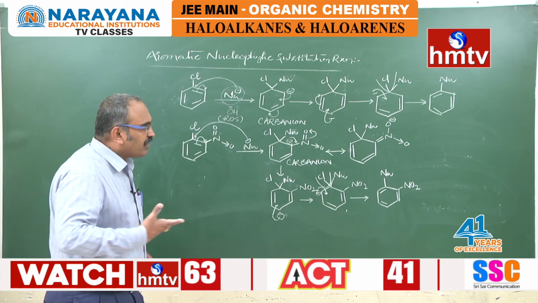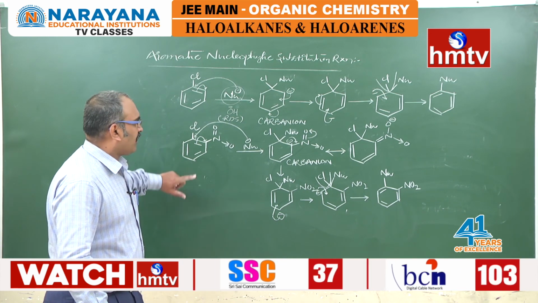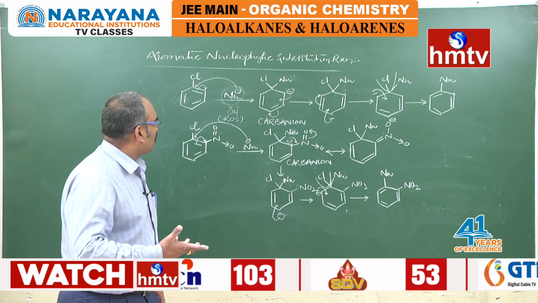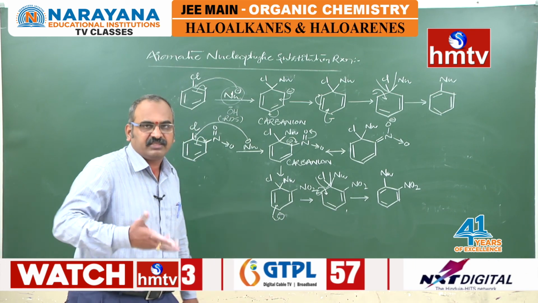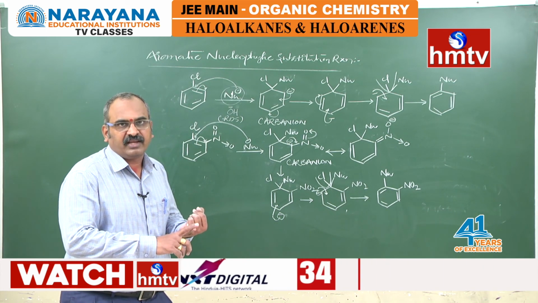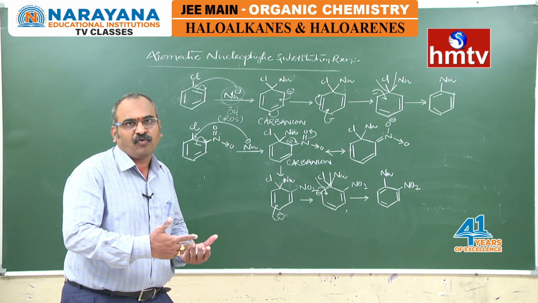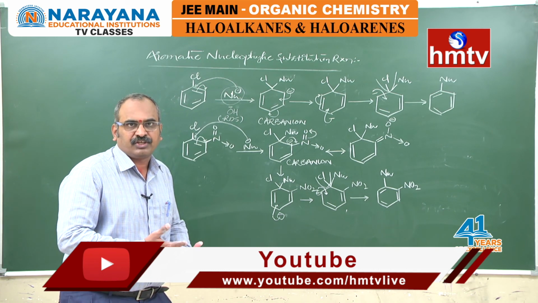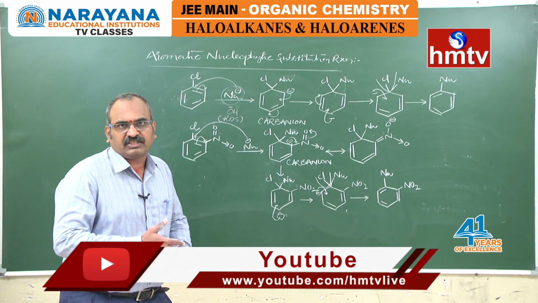So if you introduce more and more withdrawing groups only at ortho and para positions, as the number of withdrawing groups increases, the reaction becomes easier and easier. You can clearly see that when one nitro group is there, the temperature is higher; with two nitro groups the temperature is lowered from 623 to 443. Then when one more NO2 is introduced, the temperature is 368.